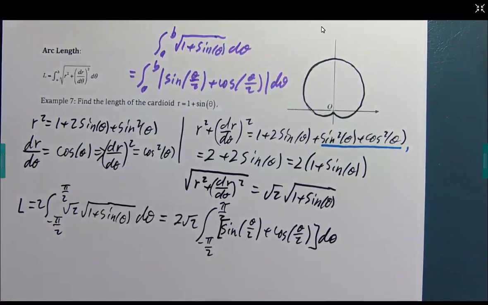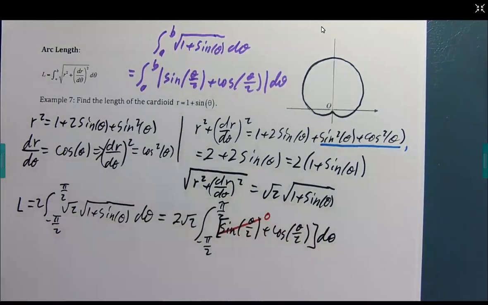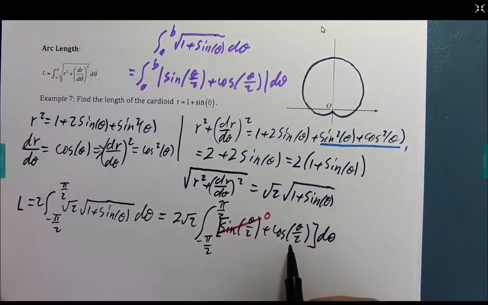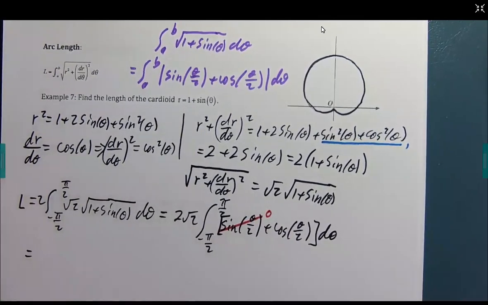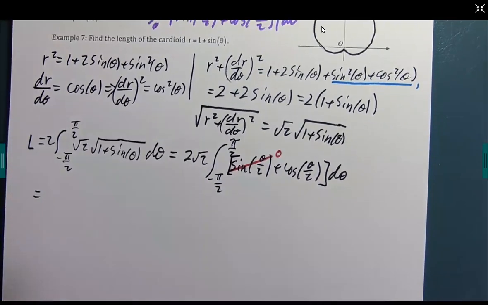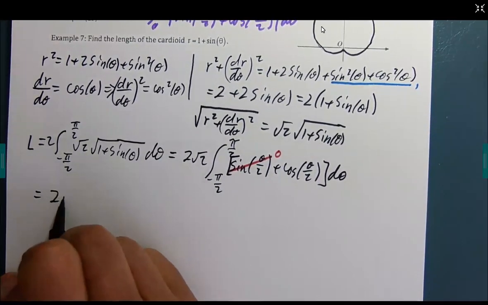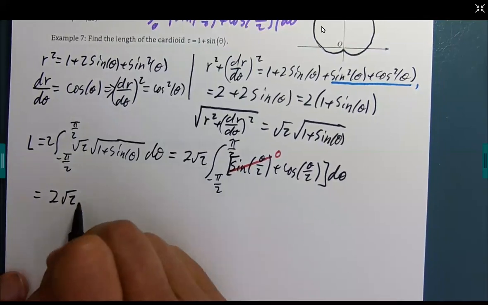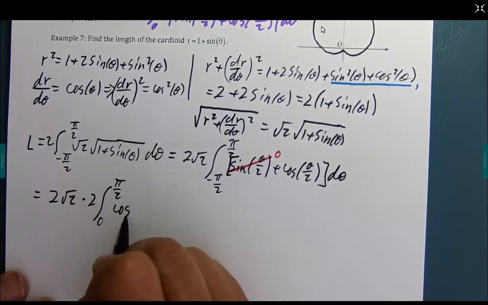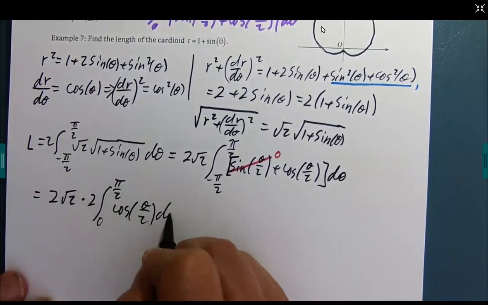So good news, sine is an odd function, which means that goes to 0, and because this is an even function, I end up with, pulling out all the tricks today, 2 root 2 times 2, the integral from 0 to pi over 2 of the cosine of theta over 2 d theta.